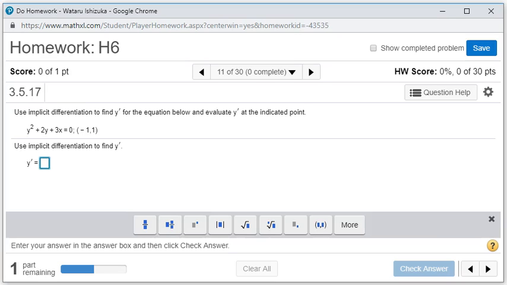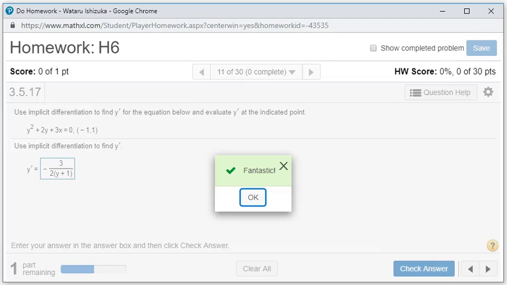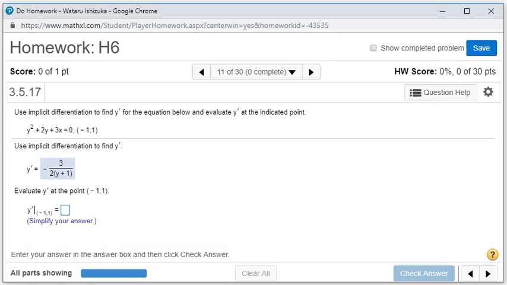What we found was -3 over 2 times the quantity, actually this was y, so it's y plus 1. Let's check the answer. We got that.